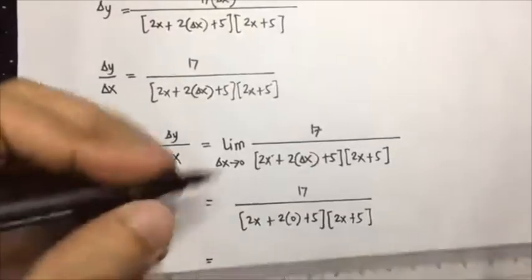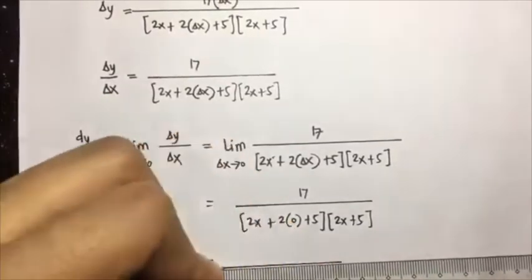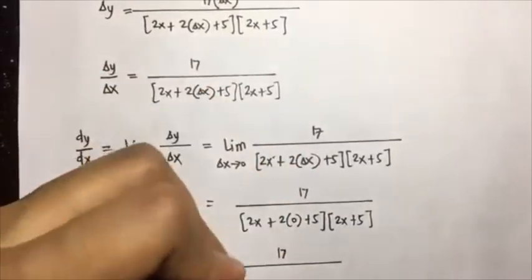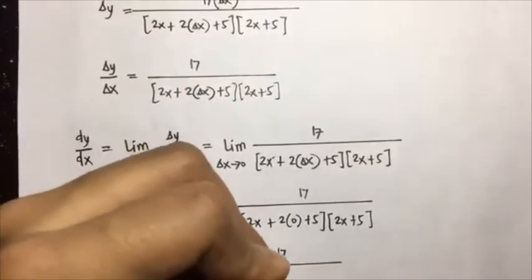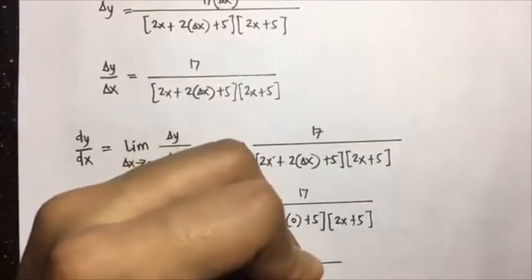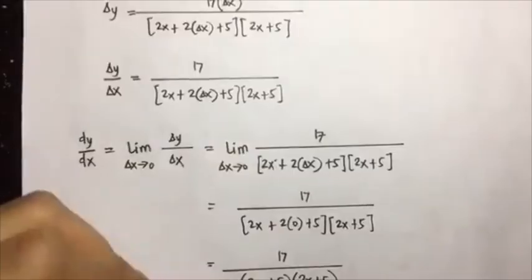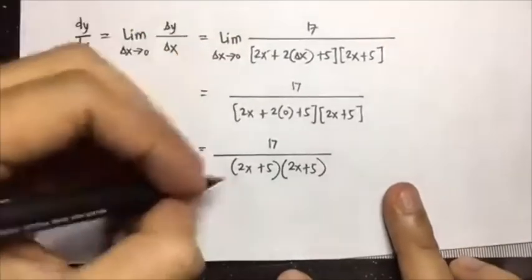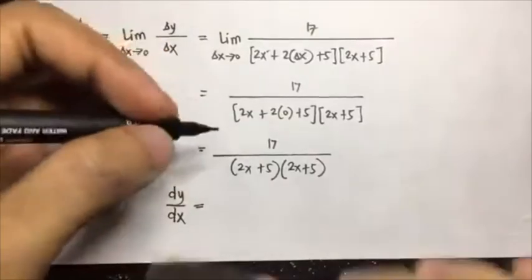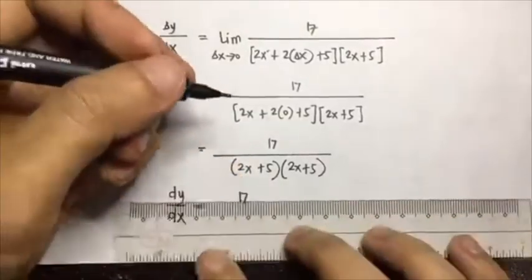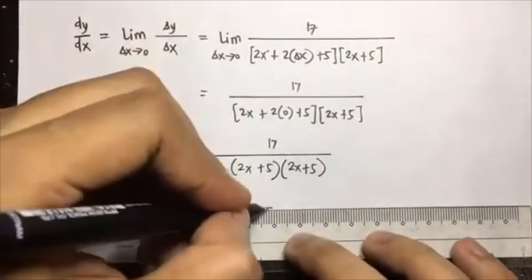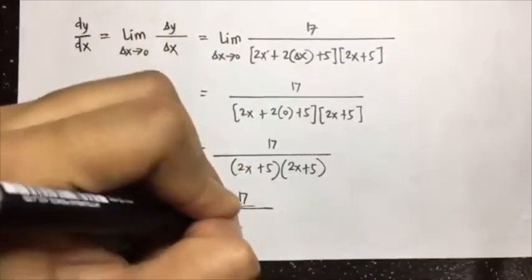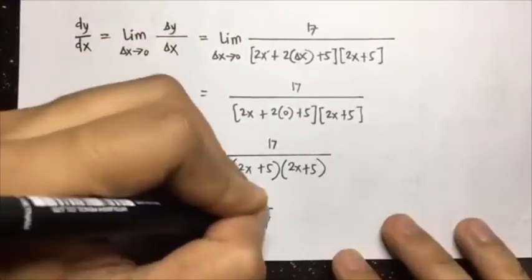Okay, so this will now become 17 over (2x plus 5)(2x plus 5), or simply dy over dx is equal to 17 over (2x plus 5) squared.